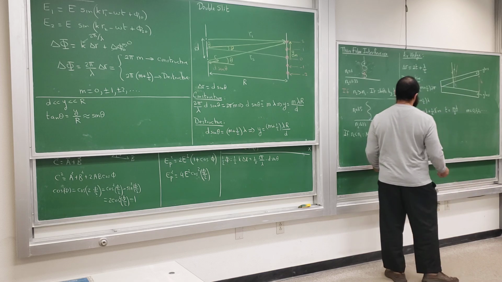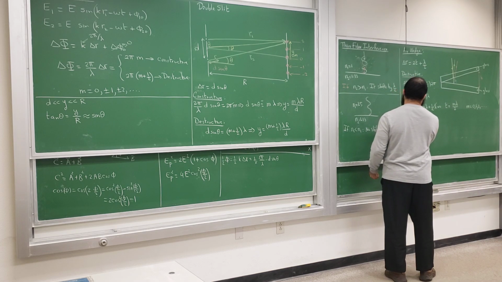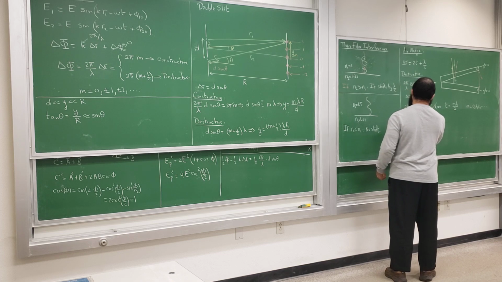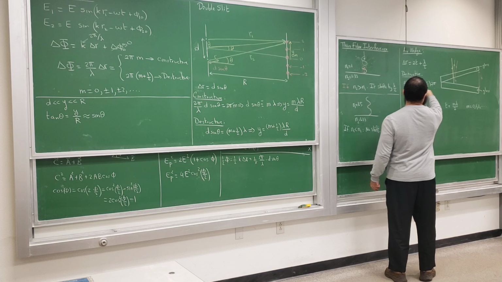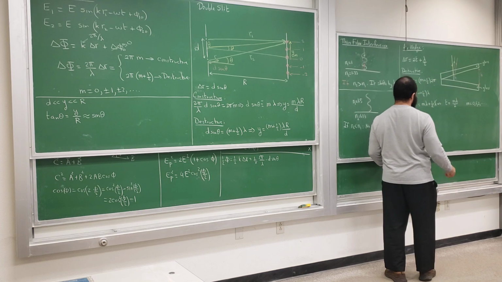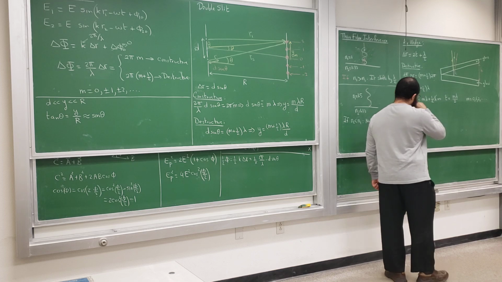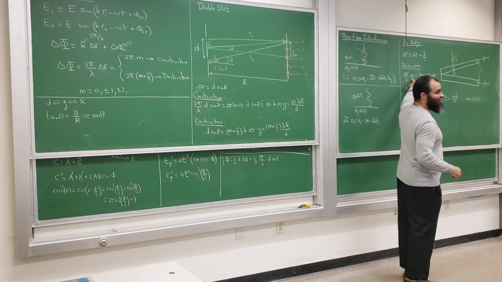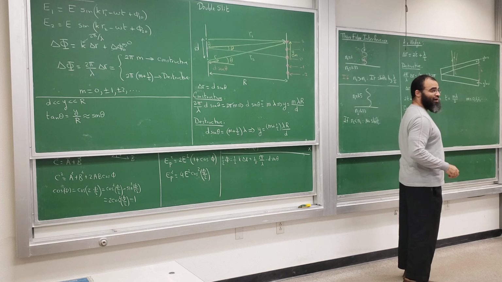Let's look at constructive. We'll do the same thing. 2 pi delta r over lambda equals what in that case? For constructive, we will have 2 pi over lambda times delta r equal to m times 2 pi, right?